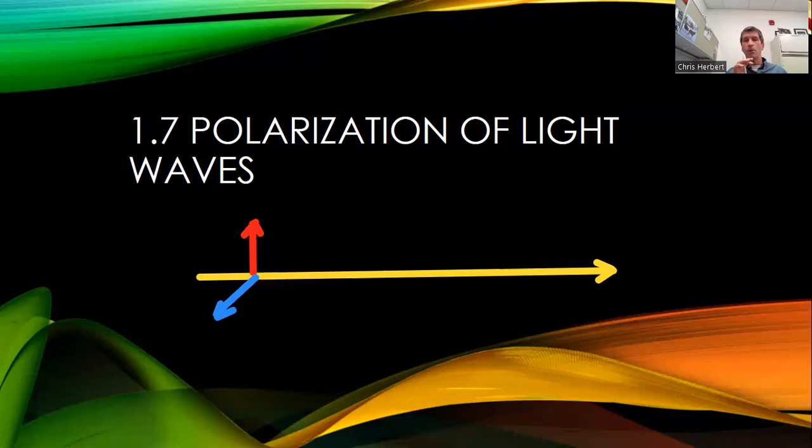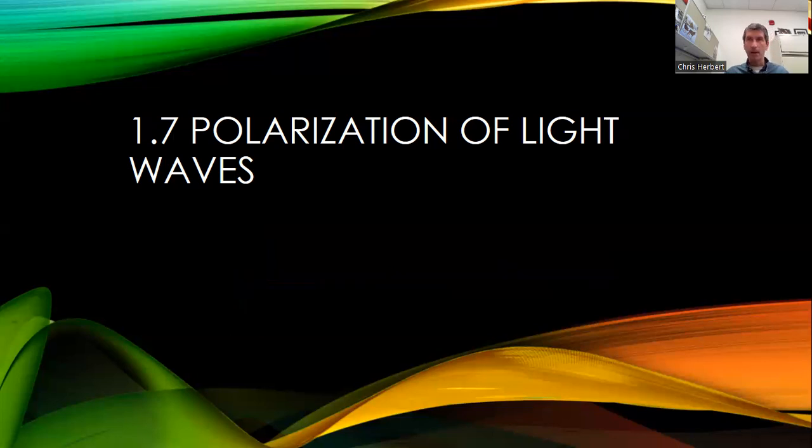So what that electric field is doing is very important to how the light is going to interact with the atoms or molecules in some medium it's propagating through. And in some cases, it's important because the medium might not be isotropic, meaning all the same in all directions.